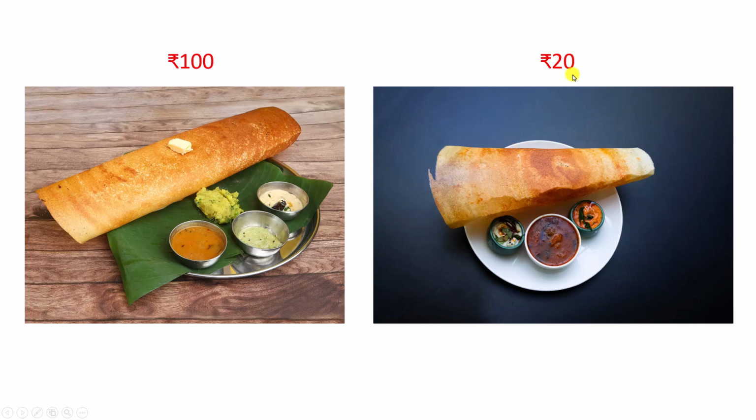Why is this cheap? This hotel may be a small hotel or it may be a cart too. Okay, they may be using substandard ingredients. They may be giving it in a plastic plate or a paper plate. You may have to stand and eat the dosa.